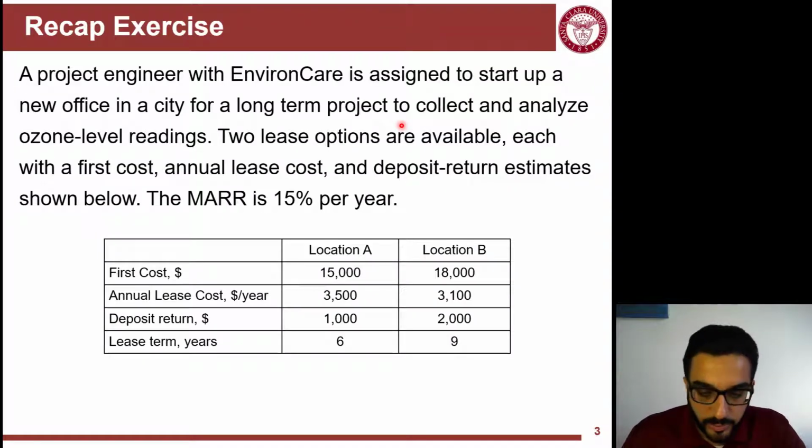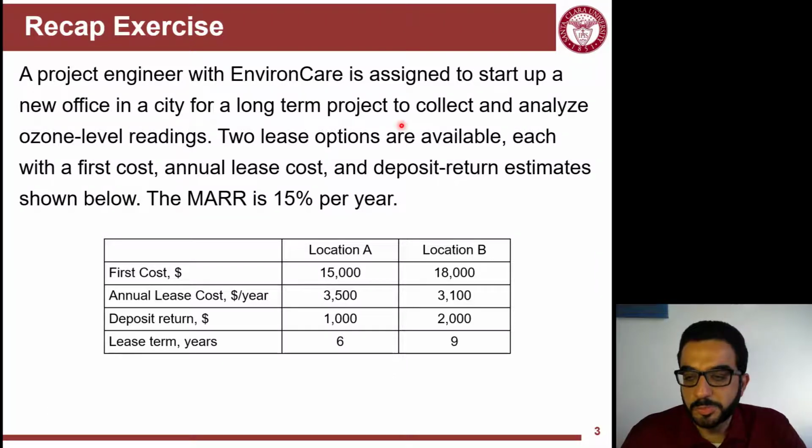So let's see an example here. One more example before we see a special case when we apply present worth and future worth. So here we have a project engineer with this company that's tasked to compare between these two locations. And we're given the cost information for the two locations.